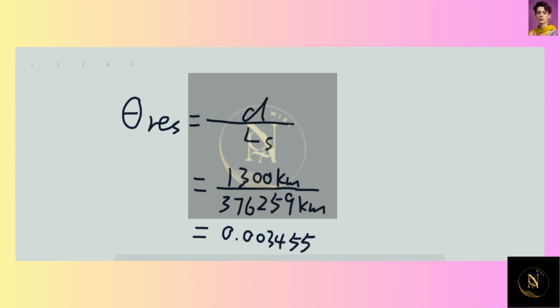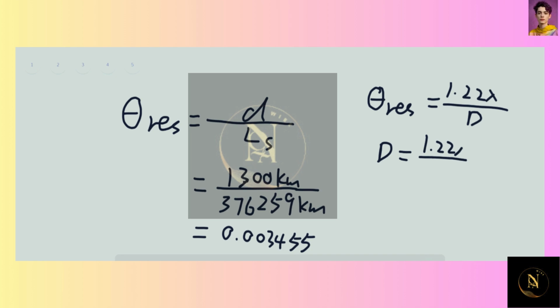So now we know the resolution limit, and we're trying to figure out D. The relationship is that the resolution limit equals 1.22 lambda over D, so D is equal to 1.22 lambda divided by the resolution limit.